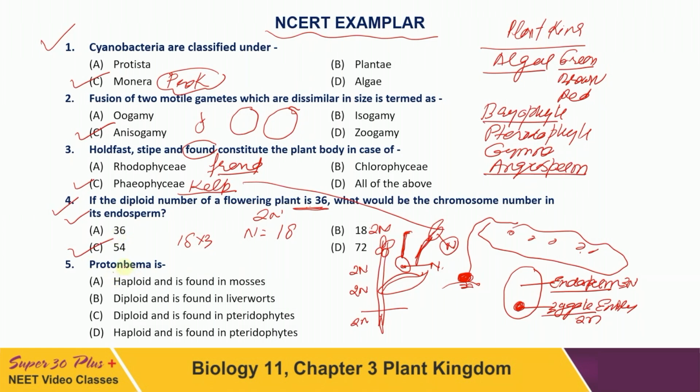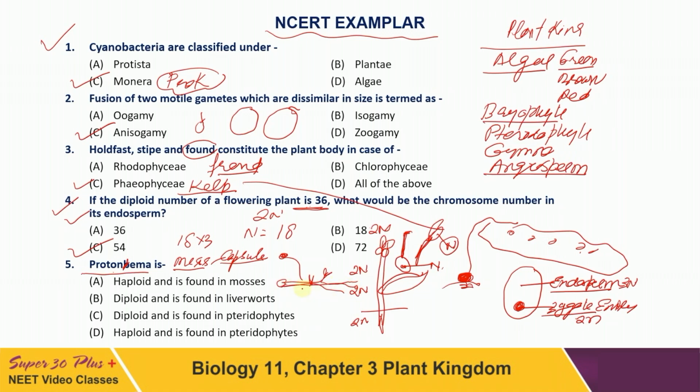Protonema. Proto, and nema. Protonema, you know, in case of bryophytes, especially in mosses, you can recall it. In the moss capsule, what will be formed? Spores will be formed, and the spore will germinate into a very well branched structure like this, on which the buds will be formed.